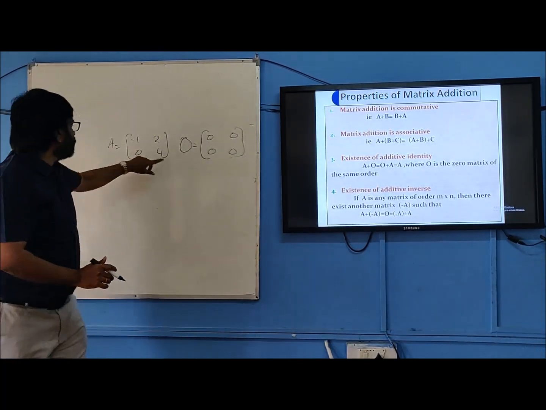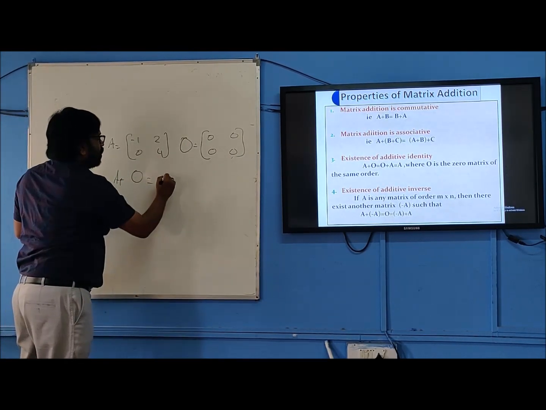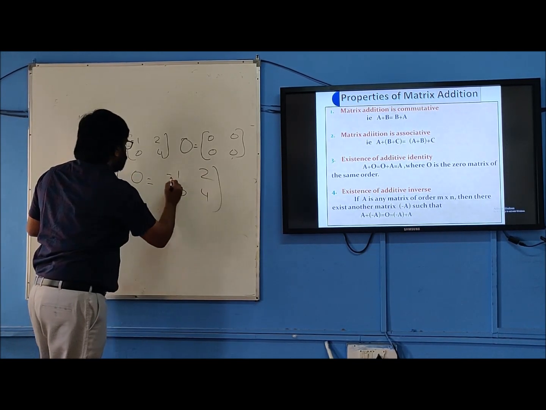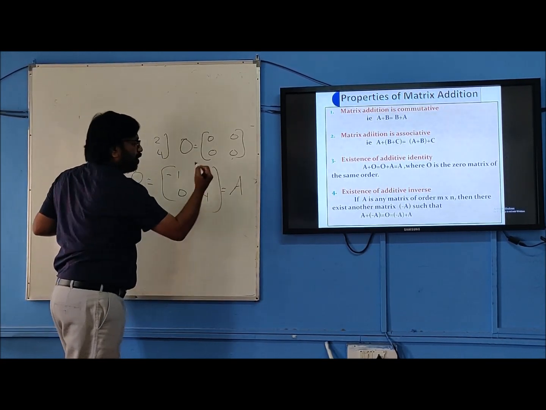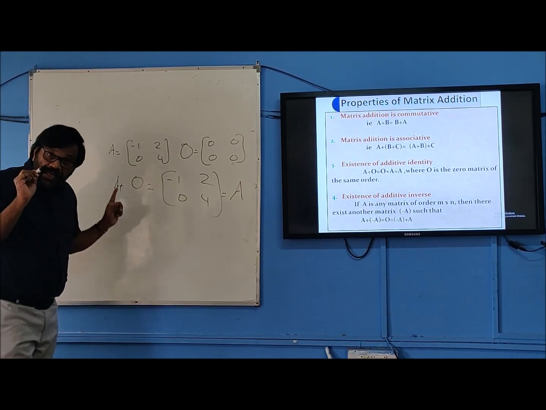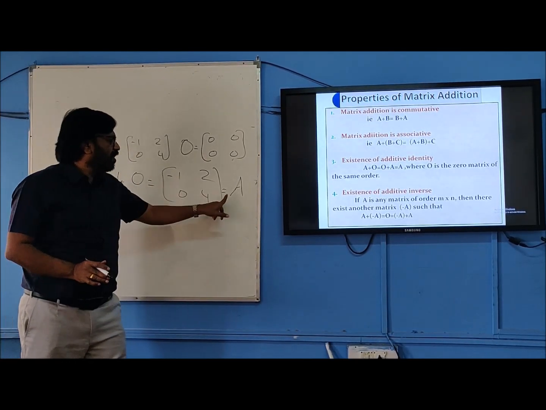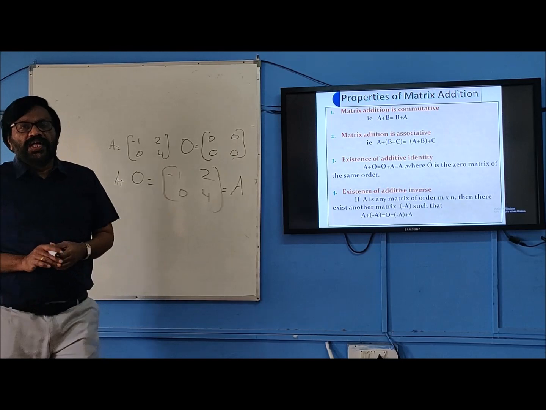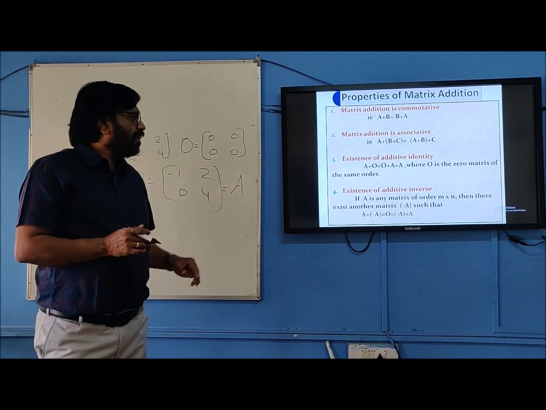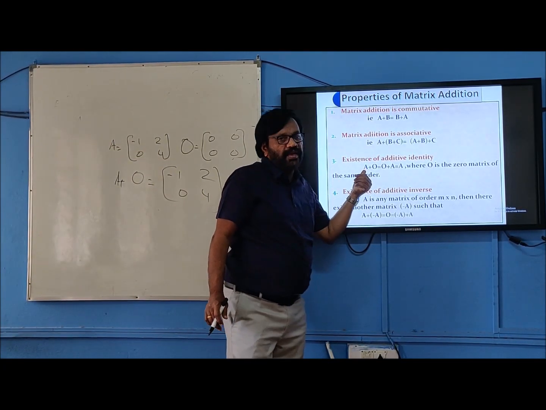Then if you add A plus the 0 matrix, minus 1, 2, 0, 4, that is the same as A only. Therefore, if we add the 0 matrix to any matrix of the same order, then we will get the same matrix as the answer. Therefore, 0 is the additive identity. We call the 0 matrix the additive identity of the matrix A.